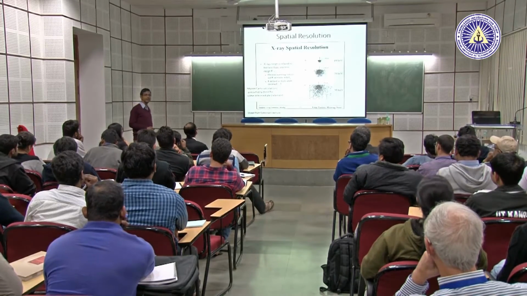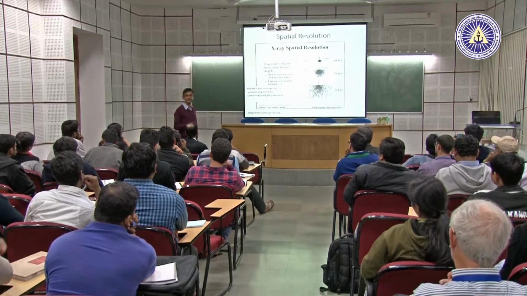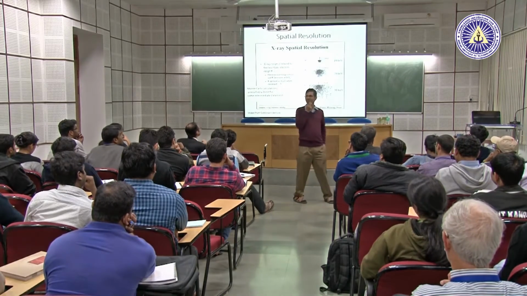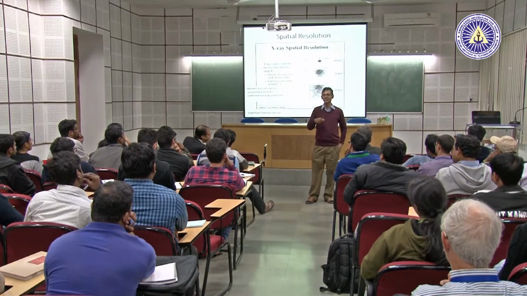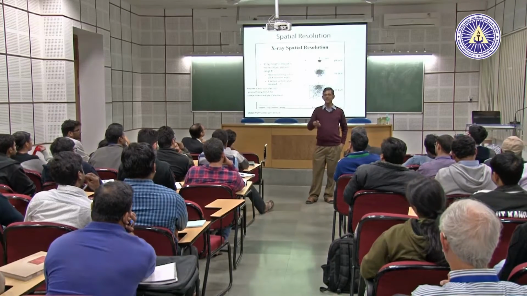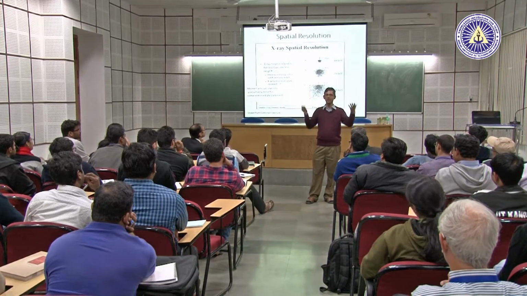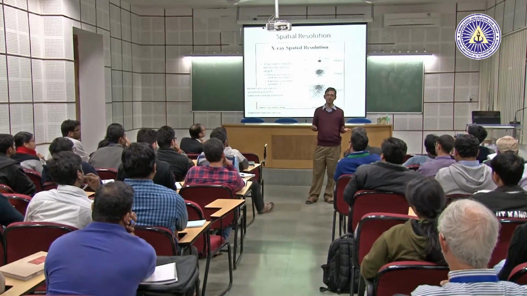One more thing I should tell you, the yield of X-rays depends on 3 factors, right? One is the atomic number, that's obvious. Why? More outer shell electrons, so they can jump. The second one is absorption. All the X-rays will not come out, they can get absorbed.